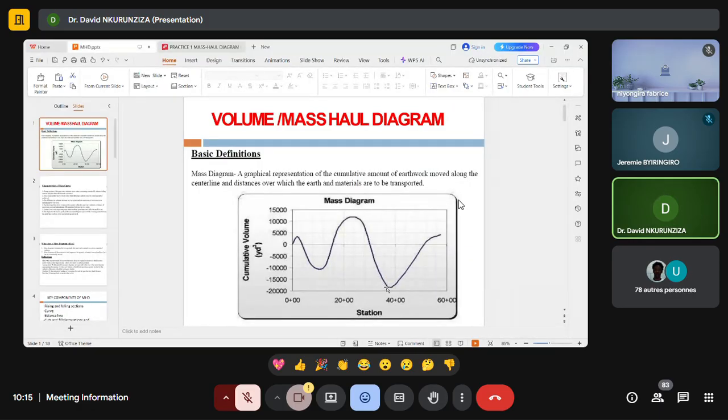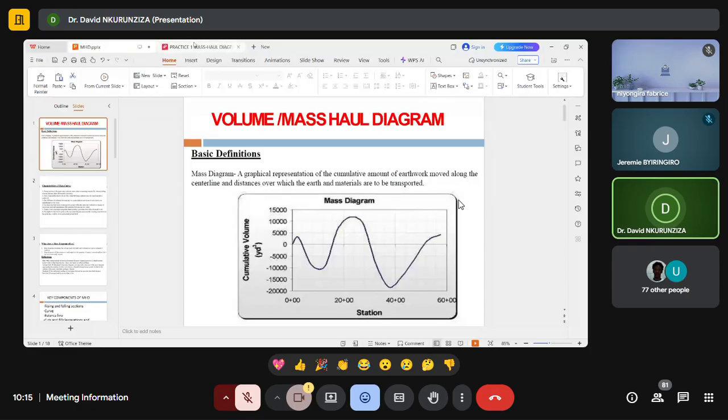You understand, class? So peaks will be indicating the change from cut to fill. Valleys will be indicating the change from fill to cut. From fill to cut. Okay?